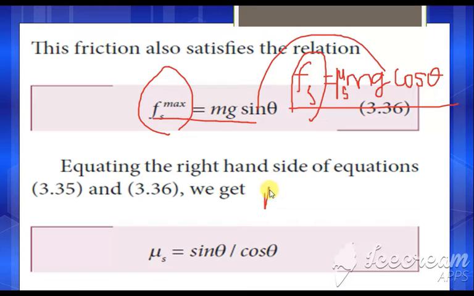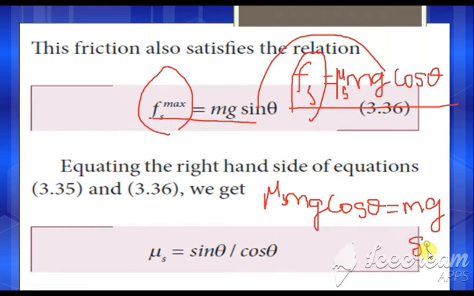We get mu s into mg into cos theta is equal to mg into sin theta. Now on both sides we have m and g, so cancelling them we get mu s into cos theta is equal to sin theta.